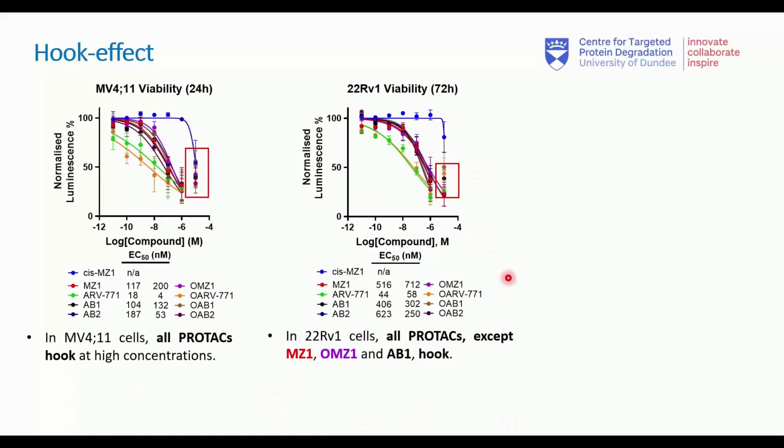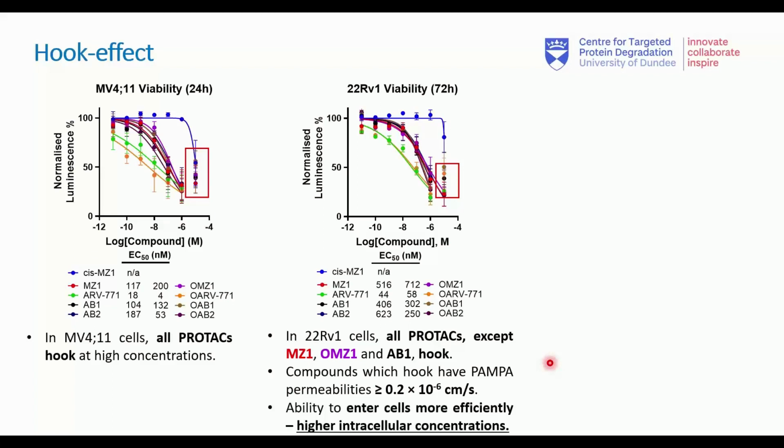And in 22RV1 cells, it's interesting that only 3 compounds hook. And these compounds, interestingly, are ones which have a PAMPA permeability of greater than 0.2 times 10 to the minus 6. So this is encouraging, because it's basically saying these compounds are more permeable than the others, so they're more efficient at getting into the cell, and that means there are higher intracellular concentrations.